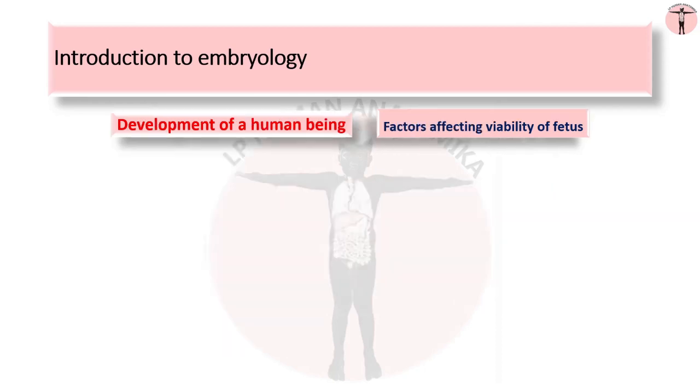Now let us see what are the factors affecting viability of fetus. Birth weight. Larger babies have better survival rates. Low birth weight is independently linked to reduced odds of survival and a higher risk of disabilities and health problems. Gestational age.